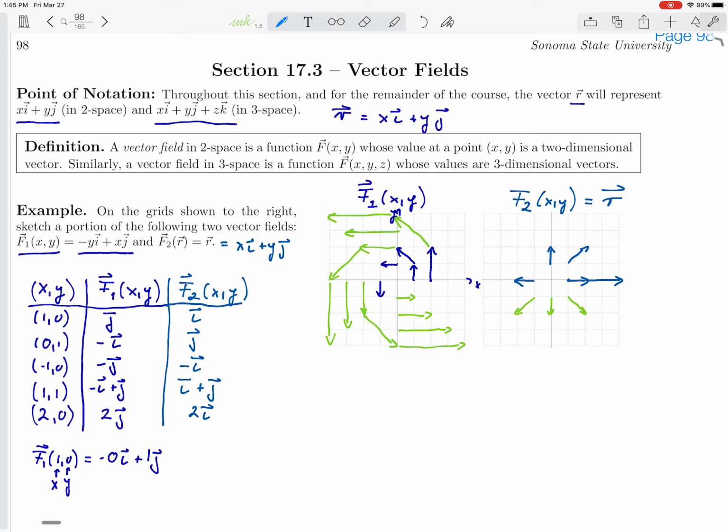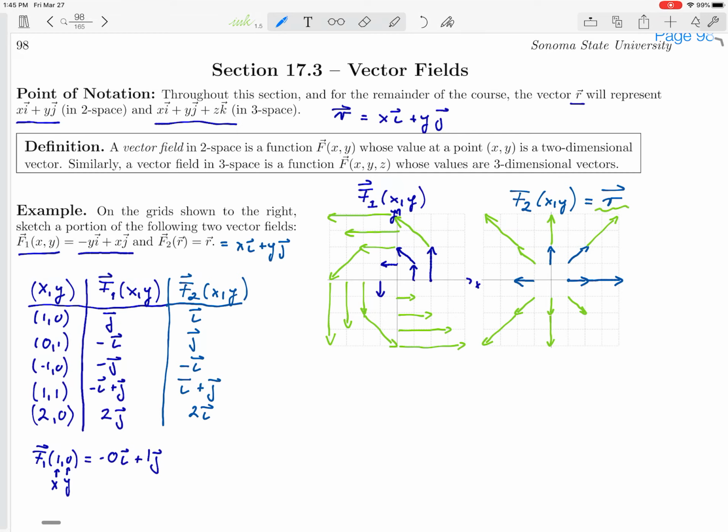Again in green. And here it's pretty easy for me to draw. I know exactly what they're going to look like because all of these vectors are pointing straight out from the origin. And they get longer the further away you are from the origin.